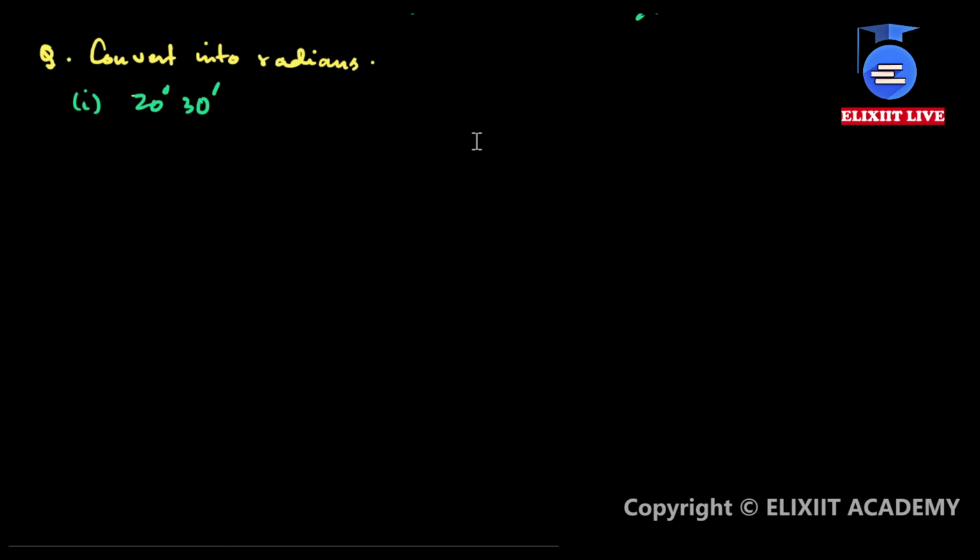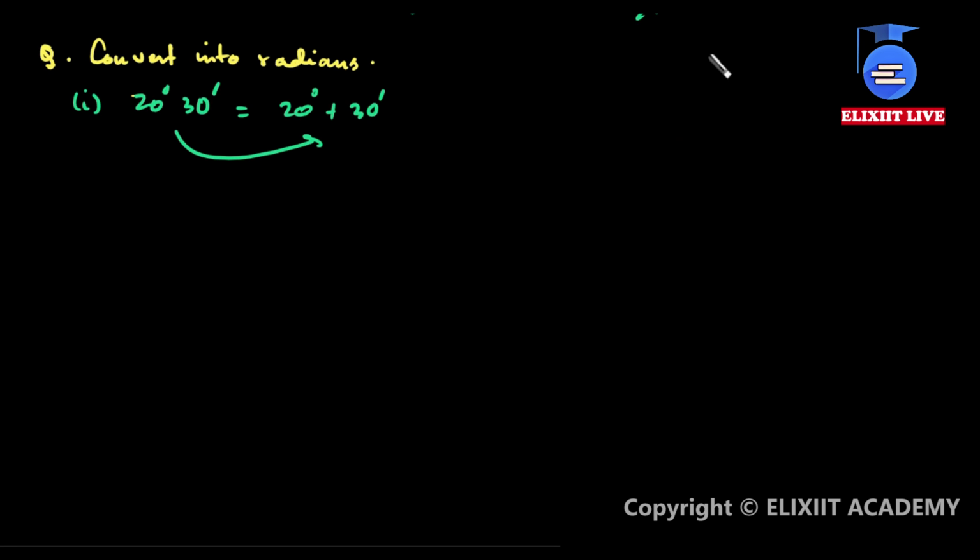The question is: convert into radians. How will you convert? See the process. I can write 20 degrees and 30 minutes as 20 degrees plus 30 minutes, the standard convention we follow.